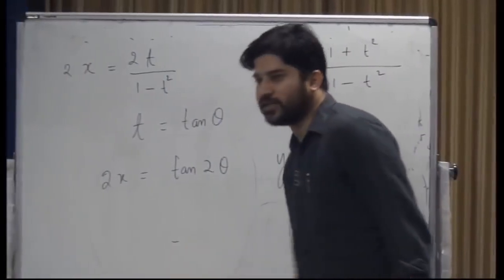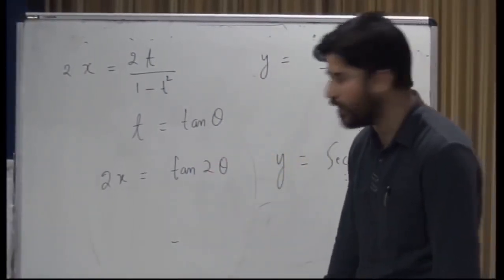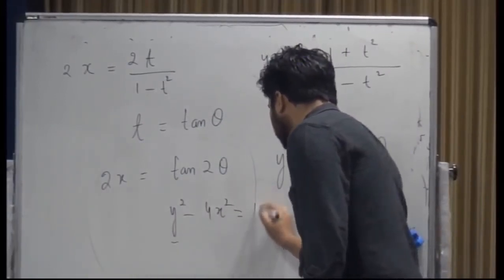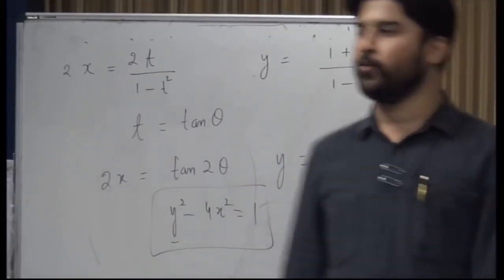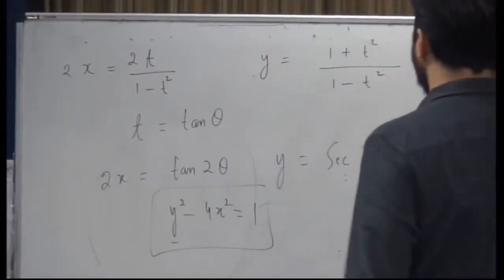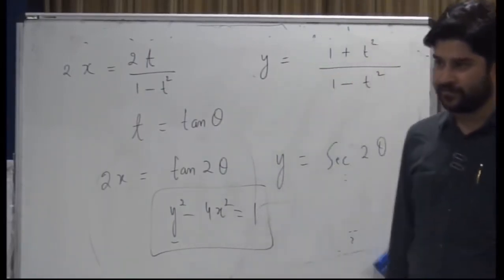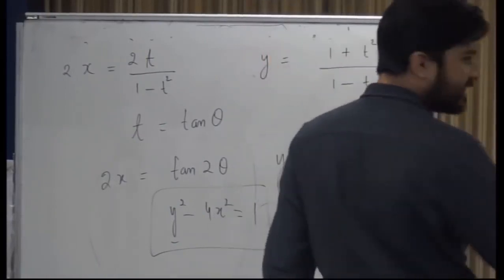And you know sec square theta minus tan square theta is 1, so sec square 2 theta minus tan square 2 theta would also be 1. So y square minus 4x square is 1, right? A hyperbola. Understood? Easy or difficult? Easy, right? Next slide, please.